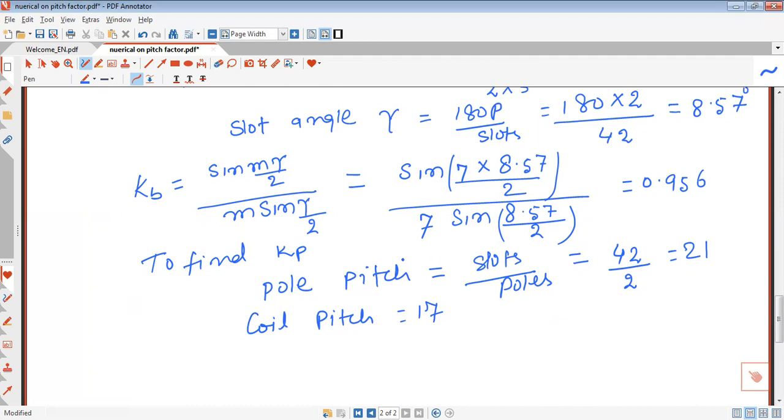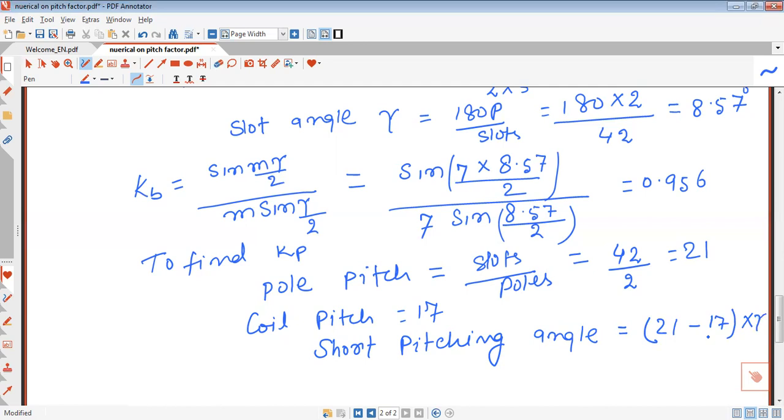So here we can find out the short pitching angle. How much is the short pitching angle? Short pitching angle theta sp is equal to pole pitch 21 minus coil pitch 17, multiplied by gamma.